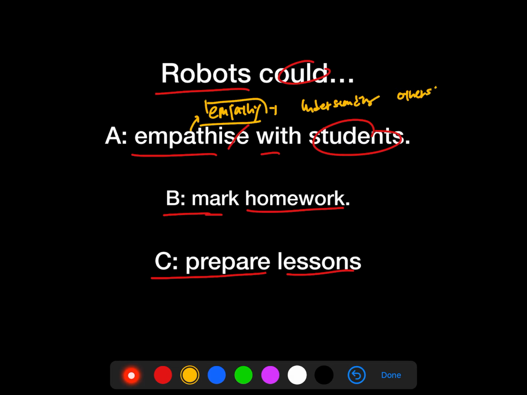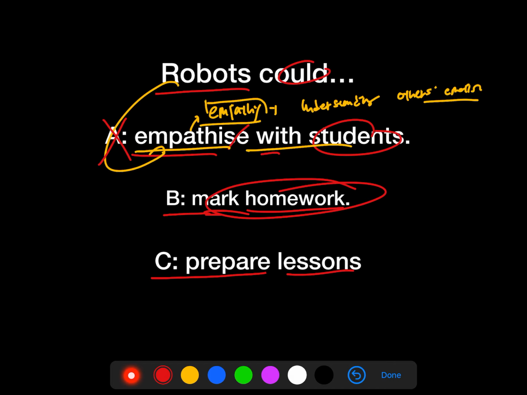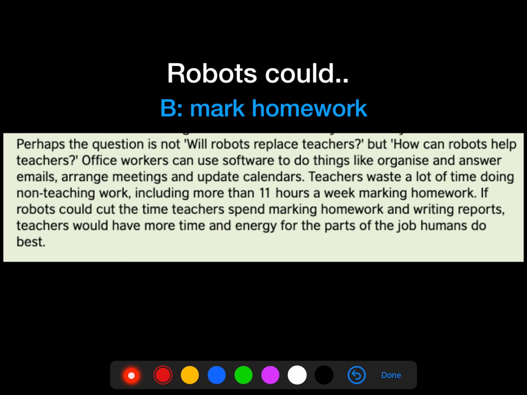That was empathy. So robots could empathize with students, but we know that robots cannot do it. So A is the incorrect answer. Mark homework, maybe or maybe not. But teachers can do it, right? And what about C, prepare lessons? I guess we need to have a look at the text.